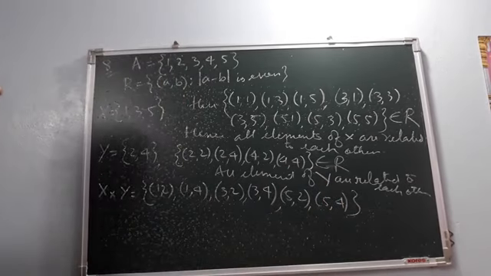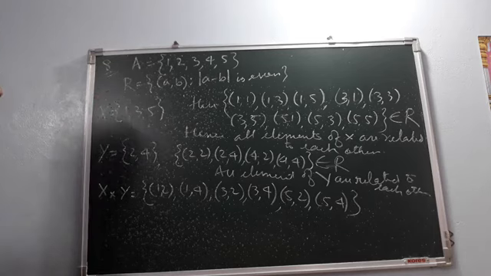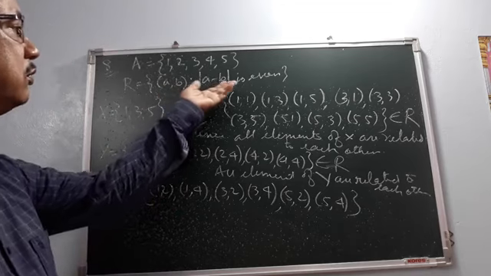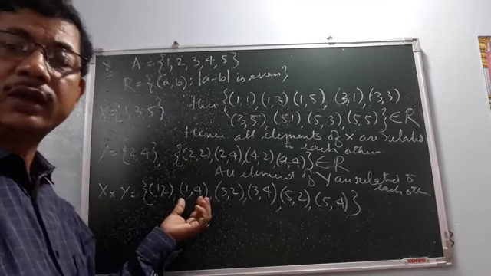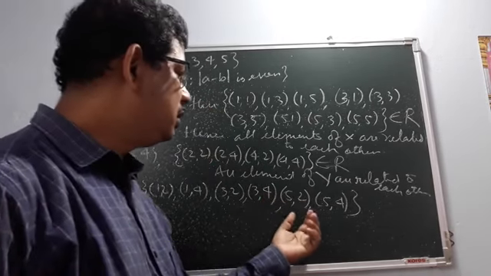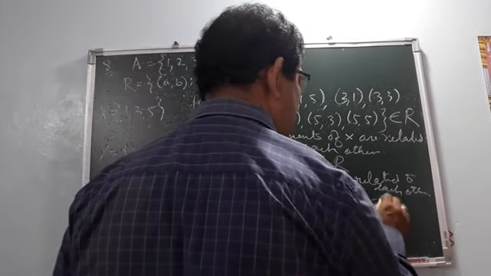Yes, this is Cartesian product of these two sets. Here 1 minus 2 is what? 1. So modulus of this one, it is not even. Modulus 1 minus 4 is what? 3. Not even number. They are not even number. They do not belong to R.